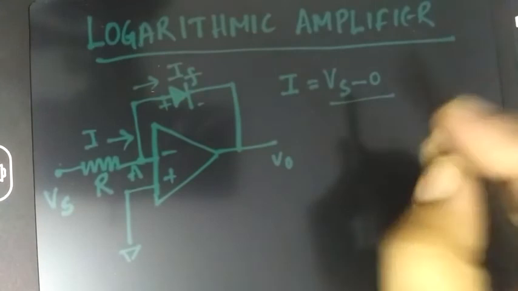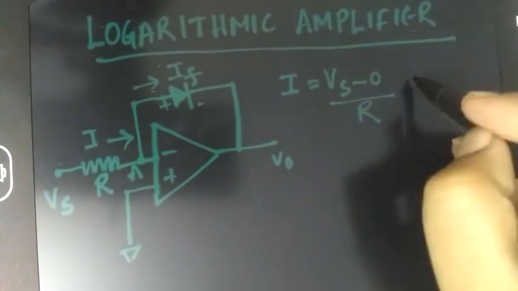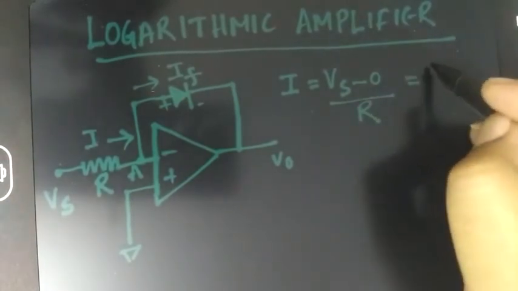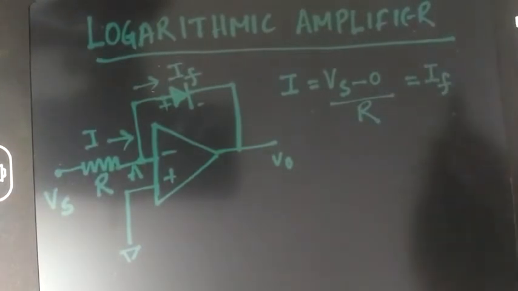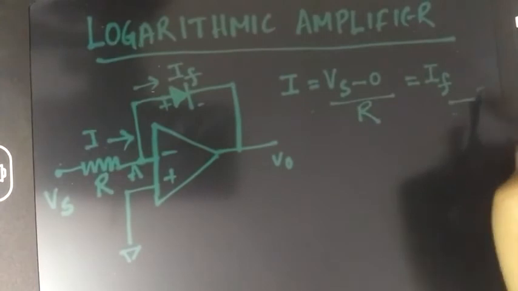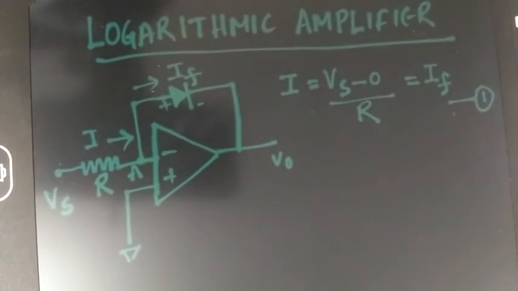So Vs minus 0 by R, and this is the same current that will be flowing through the diode, so I'm writing it as IF, and make this equation 1.